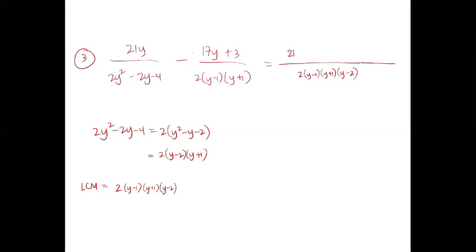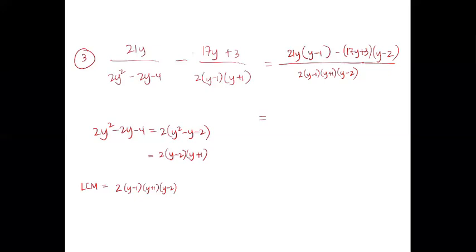So we have 21y times y minus 1, then minus 17y plus 3 times, so in here you have 2, y minus 1, y plus 1. We are missing y minus 2, so we multiply this by y minus 2. And then we just simplify.